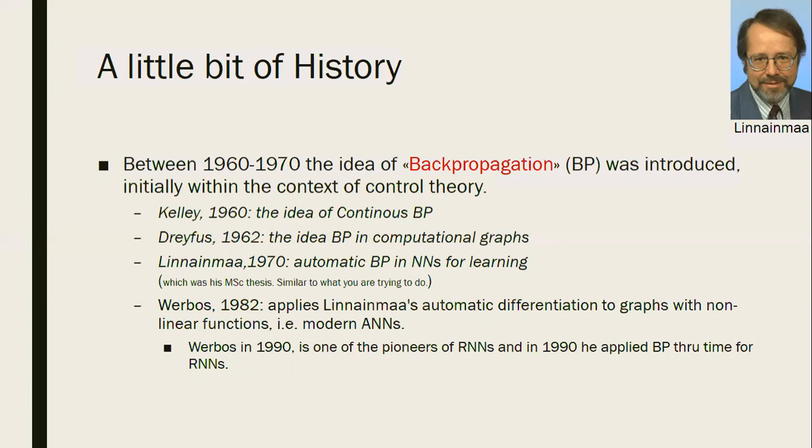Then other people worked on this idea, applying this to nonlinear functions in modern artificial neural networks in the 80s. And actually, in the 90s, people started talking about backpropagation through time, which we are going to talk about next week, because backpropagation in the computational graph, you know what it is.